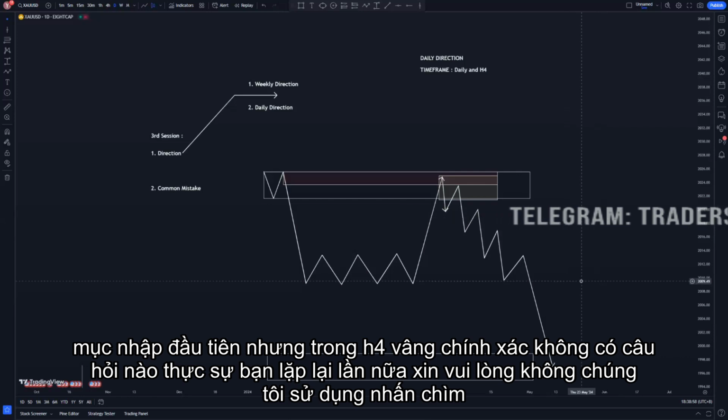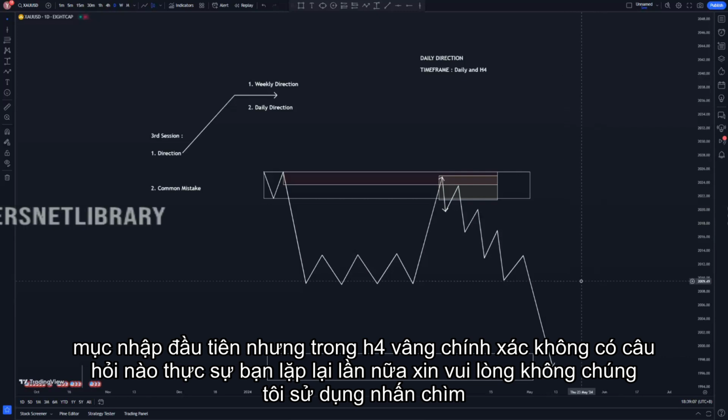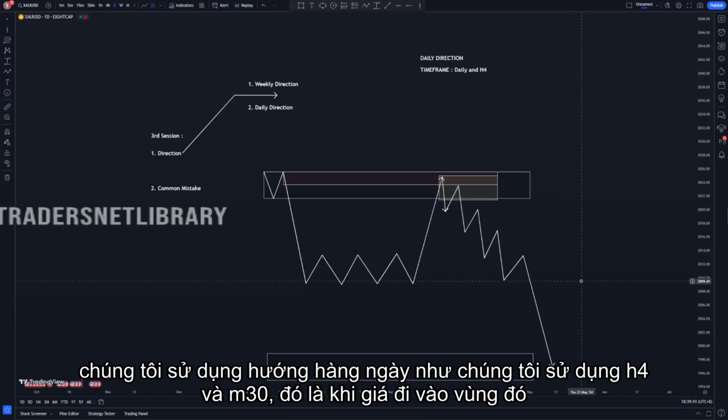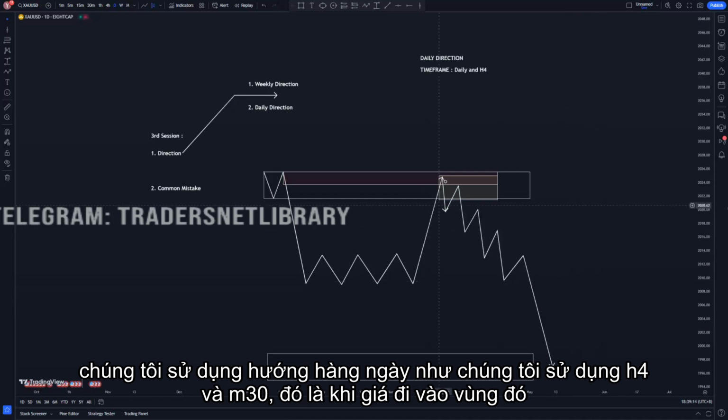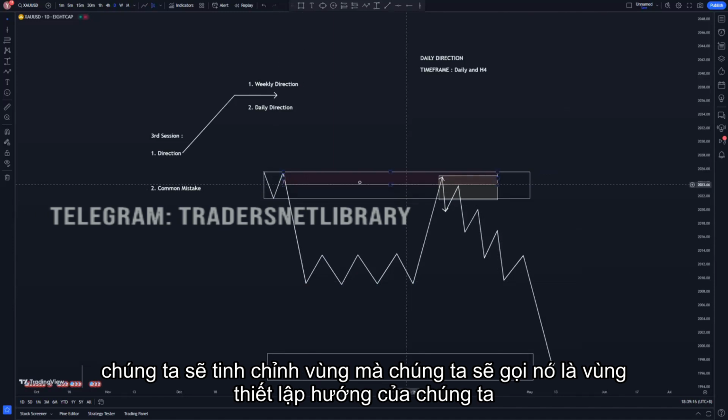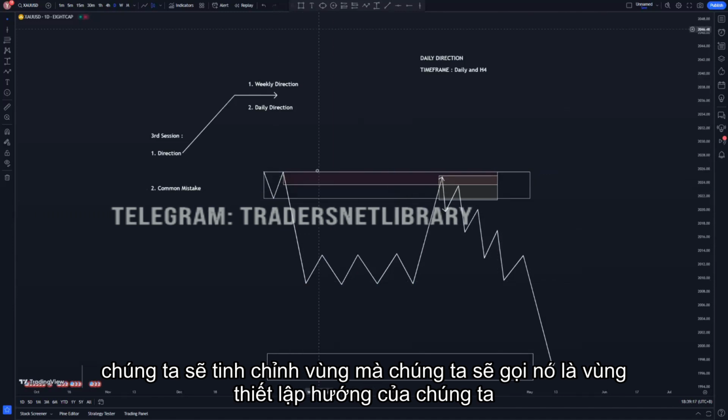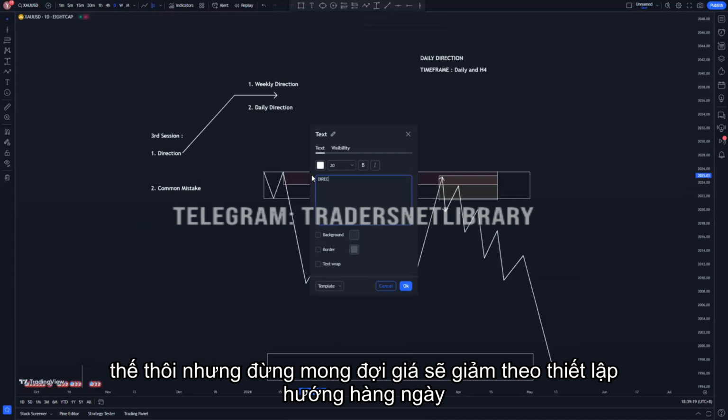Really? You repeat again, please. No, we use daily direction like we use H4 and M30, which is when the price gets into the zone. Yeah, we're going to refine the zone, which is this zone. We're going to call it our direction setup. That's it.